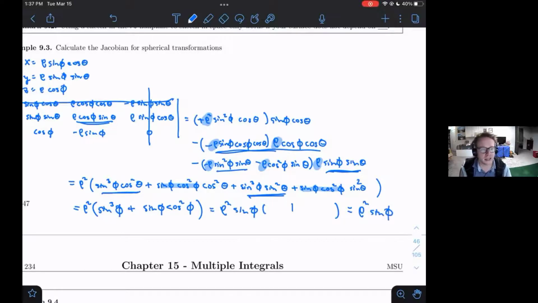This right here is the integration factor that we need to make sure to include when we switch from Cartesian into spherical coordinates. So just like in cylindrical or polar, we needed this extra r, here we need this rho squared sine phi whenever we switch from Cartesian to spherical.